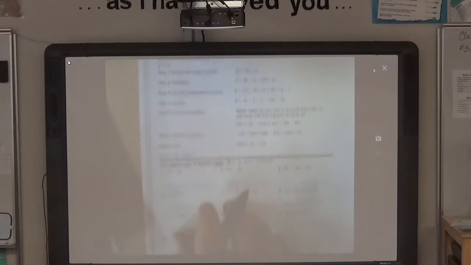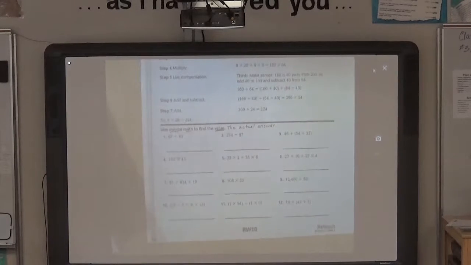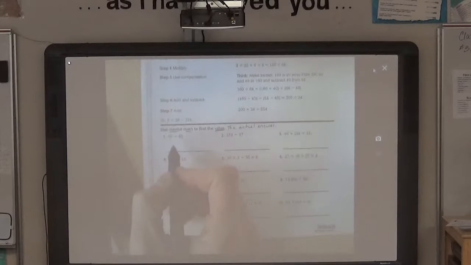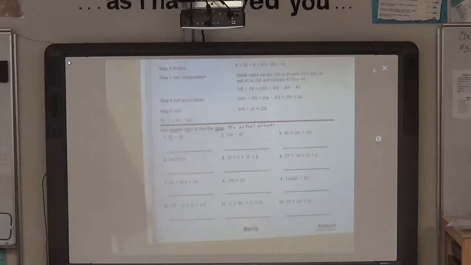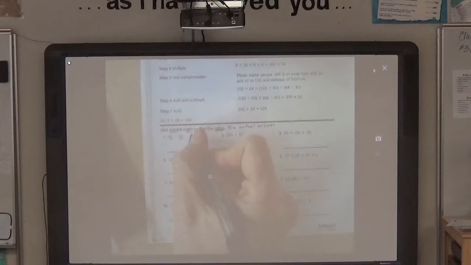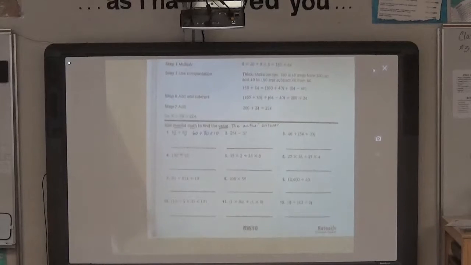Look at your assignment. 7 and 3. 7 ones and 3 ones make 10. So this is kind of like 60. If we take the ones from the 60 and add them, and take the ones from the 80 and add those ones together, you have a problem like that, don't you?